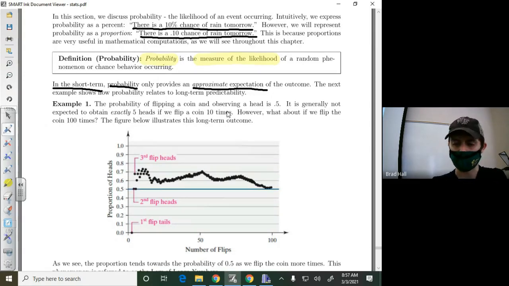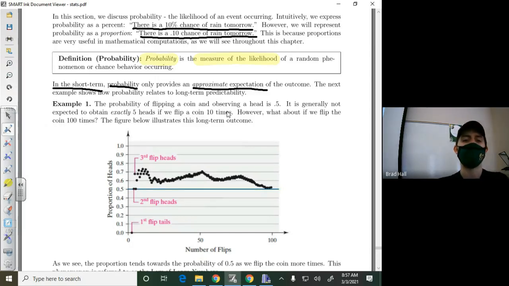So the most common example we can think of for probability is flipping a coin. You flip a coin, it's either heads or tails, provided this is a perfectly fairly weighted coin. So you flip the coin, and I think we all know that there's a 50-50 chance of getting either heads or tails.